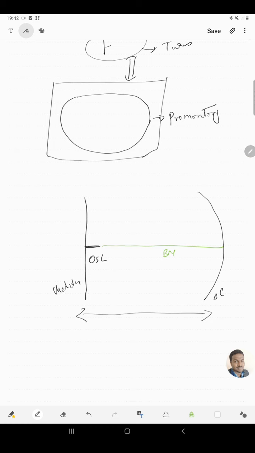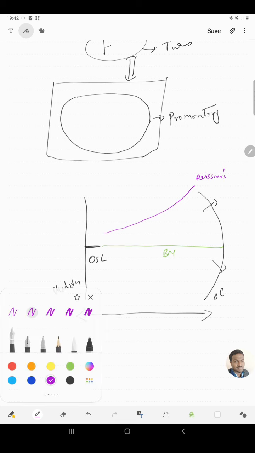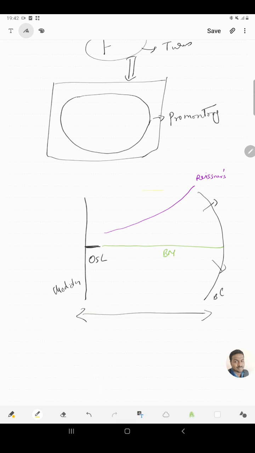Now this basilar membrane is dividing this compartment into an upper and lower compartment, and we should also know one more important membrane, that is Reissner's membrane, which attaches in this fashion. This Reissner's membrane is now dividing the compartment into 1, 2, and 3.